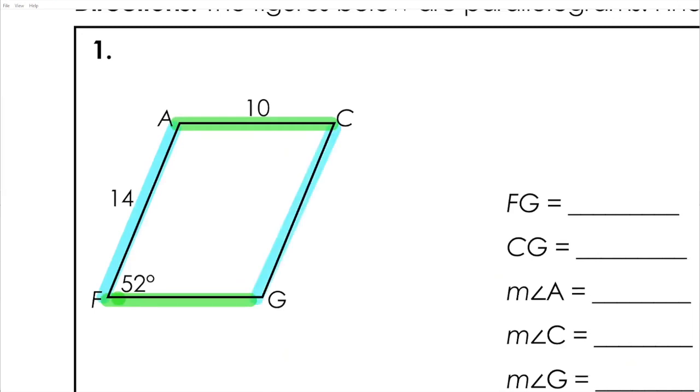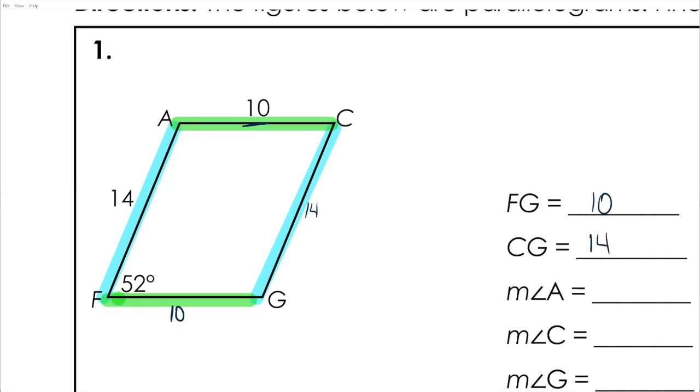Okay, so if we're looking at the green AC line, this guy is 10. We know that since it's a parallelogram, opposite sides are congruent. So if the top is 10, the bottom has to be 10. Okay? Same thing, blue AF is 14, blue CG is 14.